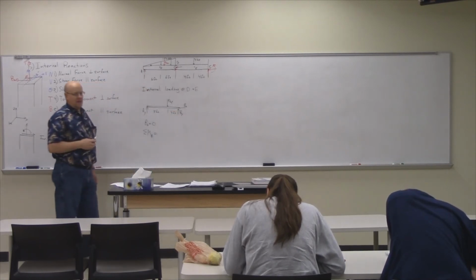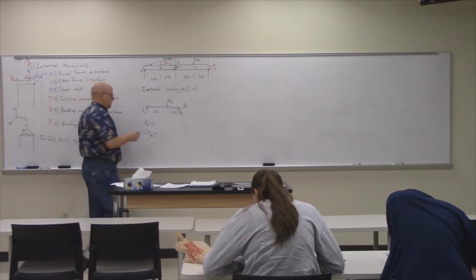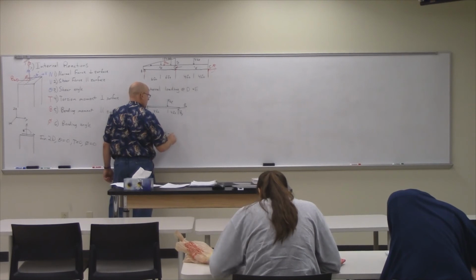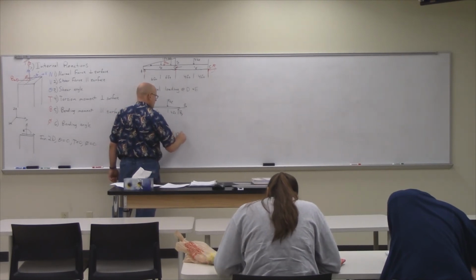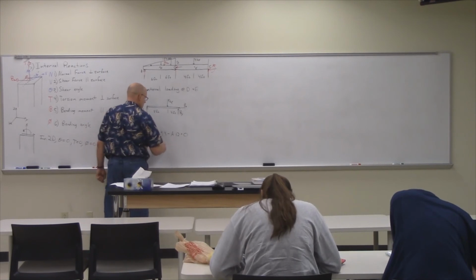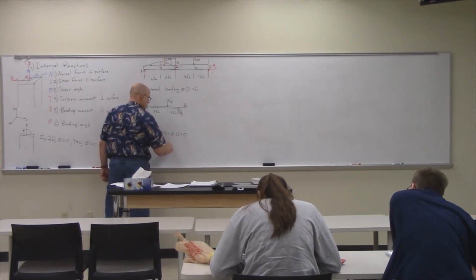So the sum of the moments about B is just 9 times 4 minus A times 12, that's equal to 0. So A is equal to 3 kips.